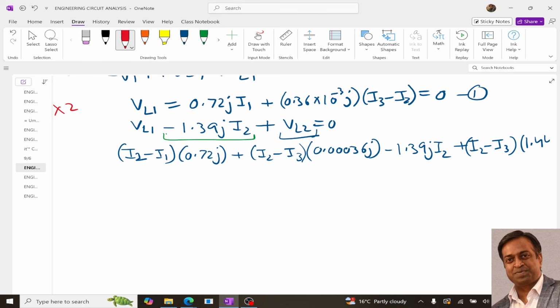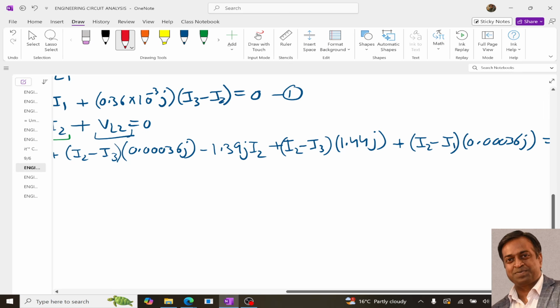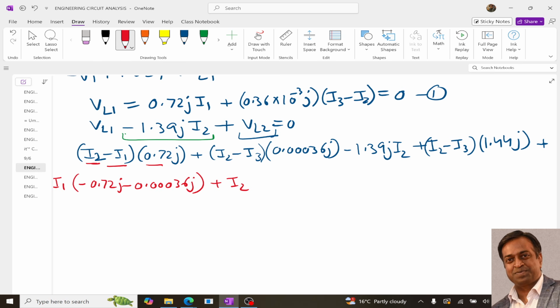So it is minus I1, so the I1 coefficient is minus 0.72 J. Then I1 is over here, so it is minus 0.00036 J. Now I2: first this is 0.72 J, then plus 0.00036 J, then minus 1.39 J, and then plus 1.44 J, and then plus 0.00036 J. So this is I2, right?